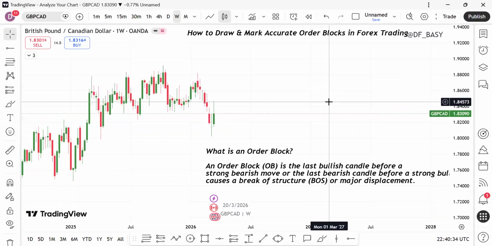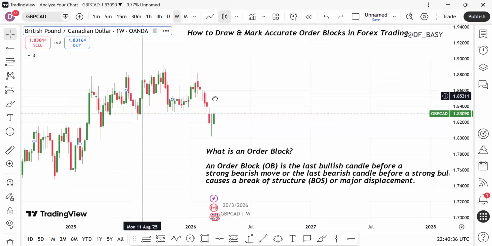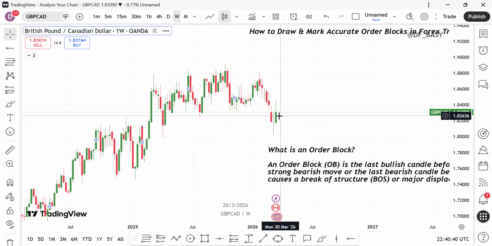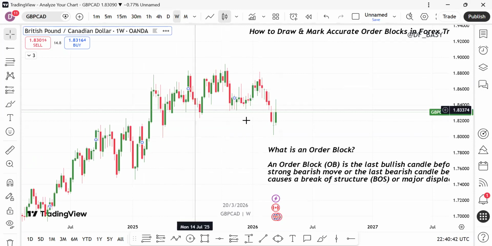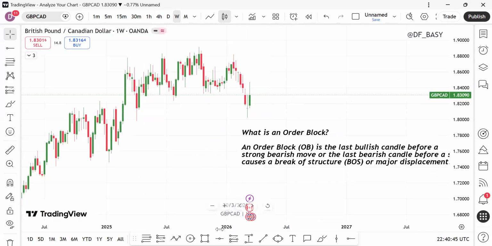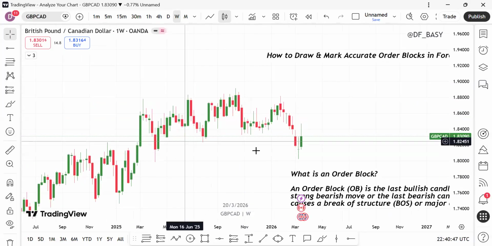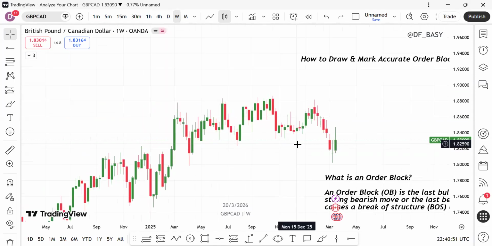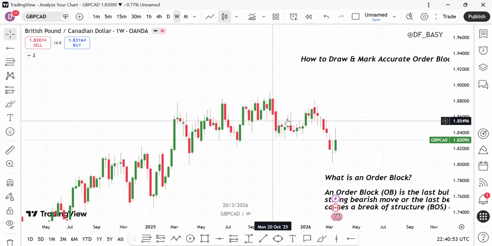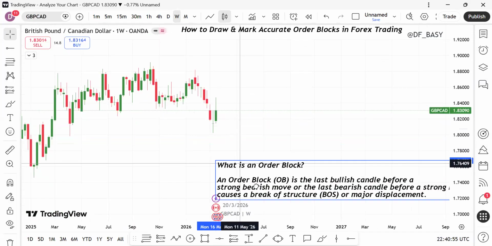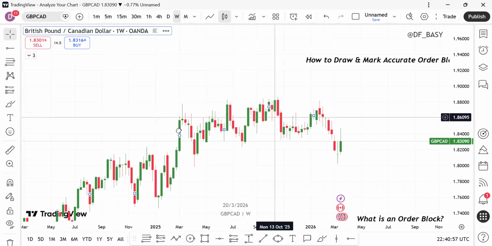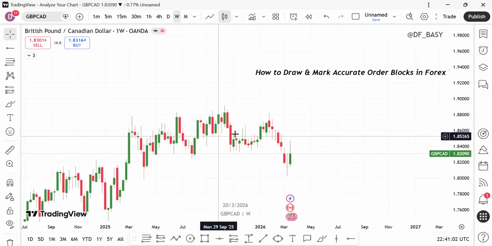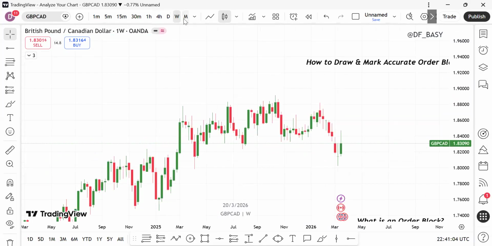While understanding that every candlestick here is a statistical representation of economic data, you know that your order block, from what I've explained, is a point where institutional traders place their orders. There are volumes of orders there. Now let me show you how to mark an order block. I'm going to show you how to mark an accurate order block and how to use it to trade. So now I'm going down.